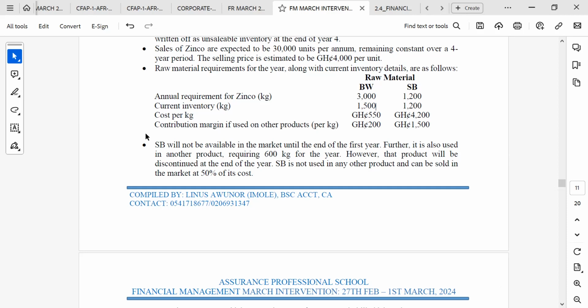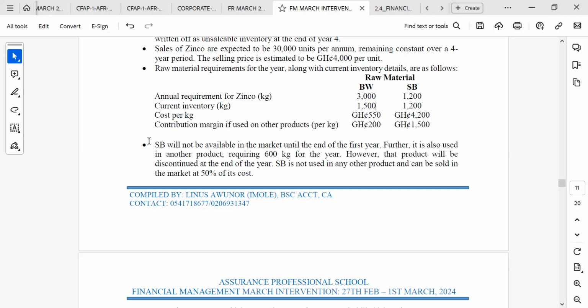Okay, let's come here. SB will not be available in the market until the end of the first year. So it means that you can't get SB in the market to buy until the end of the first year. Further, it is also used in another product, requiring 600 kilograms for the year.